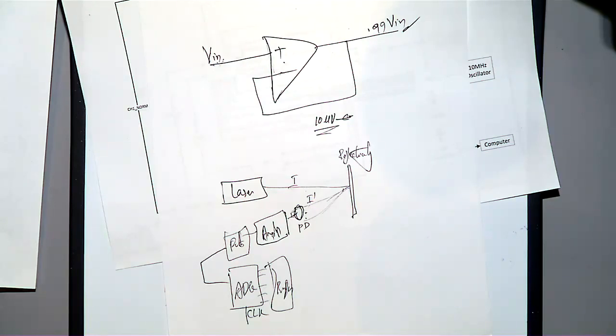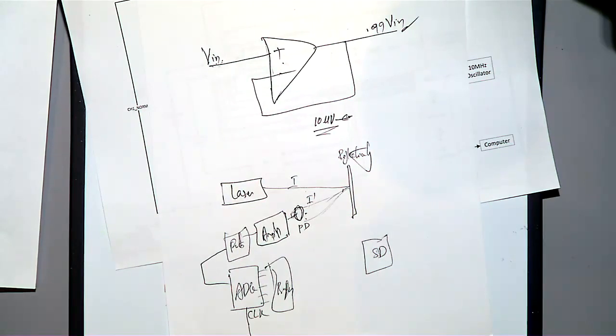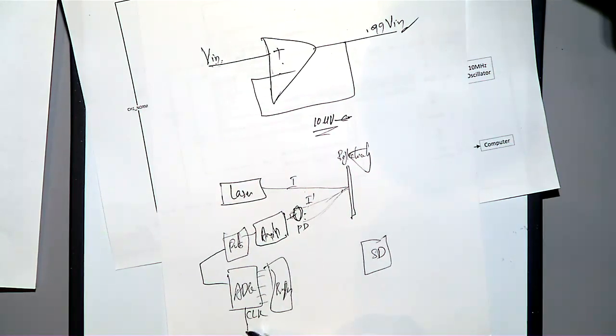So what we want to do is, you got the clock here. You definitely need an SD card here. What you said is you got the ADC clock, and then you got a buffer. You are storing in the digital buffer anyway.